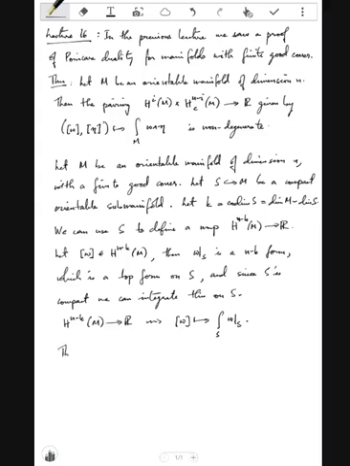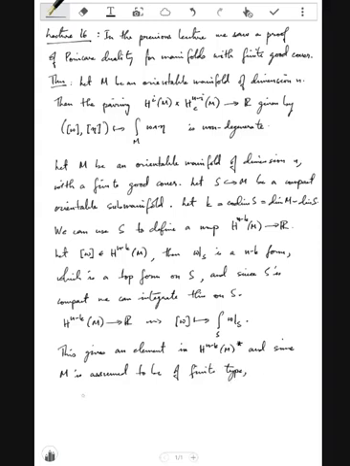This gives an element in H^(n-k)(M) dual, and since M is assumed to be of finite type, the cohomologies and compactly supported cohomologies are finite dimensional, as we saw before.